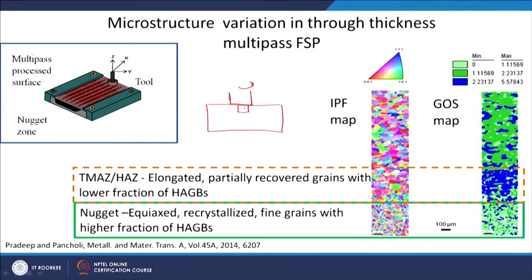If I see the microstructure of this, maybe the microstructure will show some basin like this. So, only this part of the microstructure will be affected. The rest of the microstructure in the thickness direction will not be affected that much. That is what is characterized here, where the nugget is, up to the pin length.